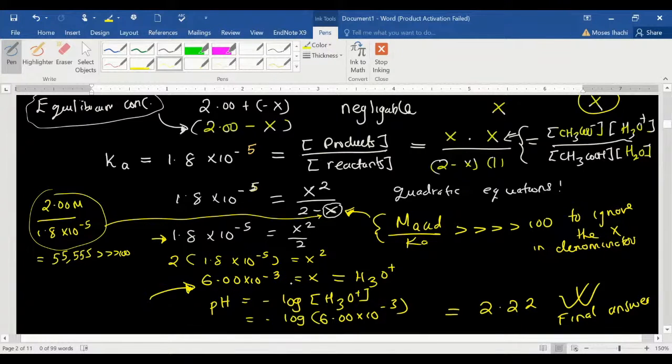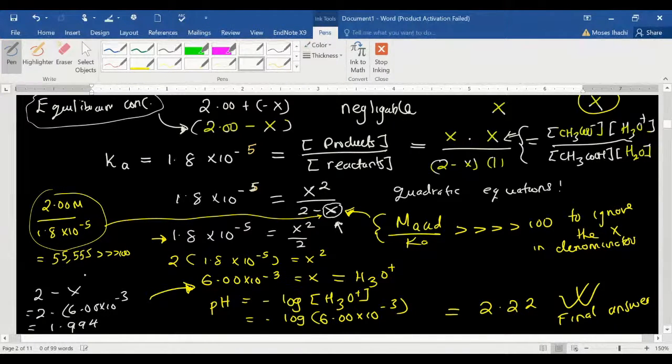So you can see we've solved for the pH. Now, I want to prove to you again that it was safe to ignore this x. 2 minus x will be equal to 2 minus 6.00 times 10 to the power minus 3. If you subtract this, you'll find that the answer is 1.994.